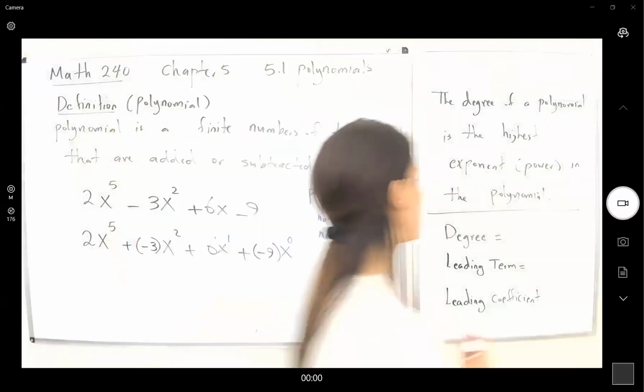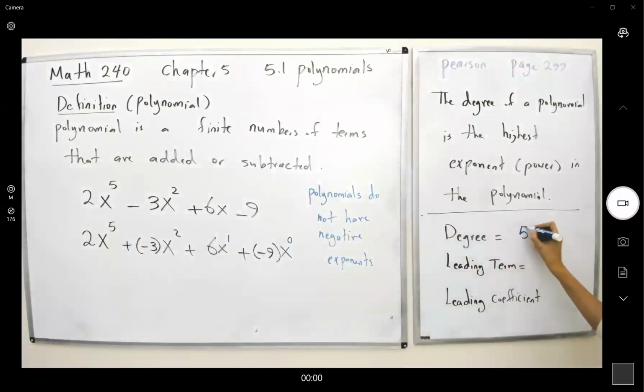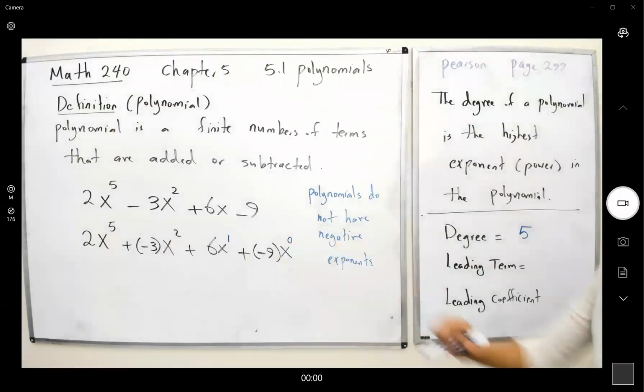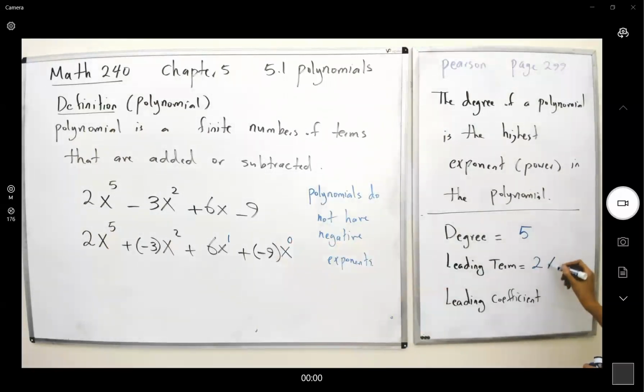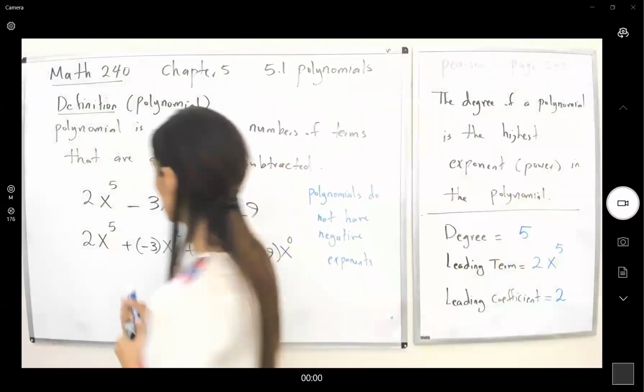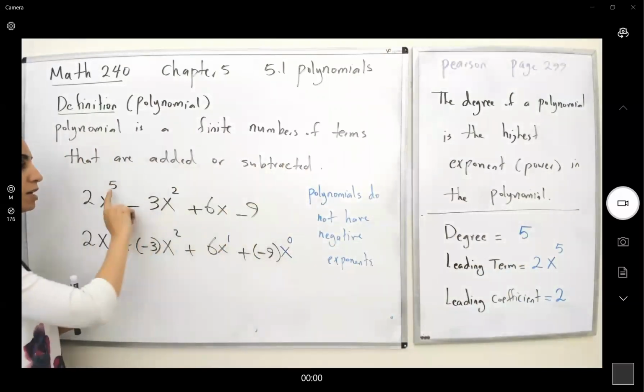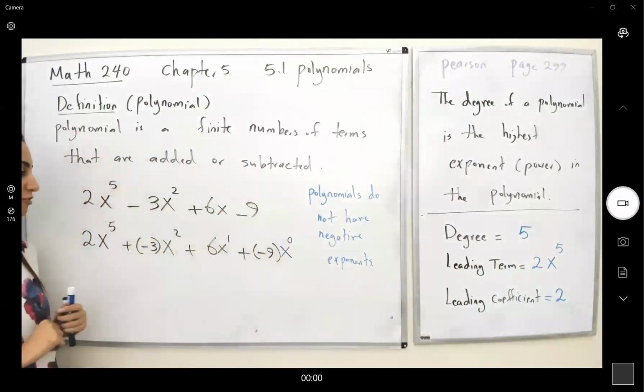So the degree of your polynomial is equal to 5. What would be your leading term? The leading term is 2x to the fifth. And the leading coefficient, which is the coefficient in the leading term, is nothing but 2. So our polynomial has degree 5.